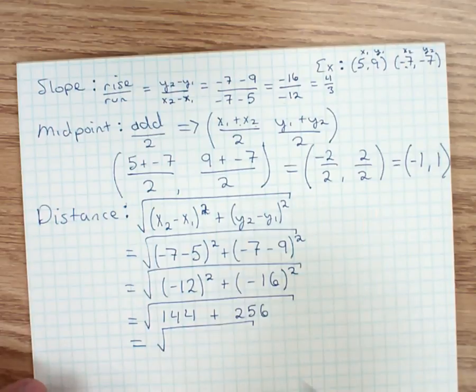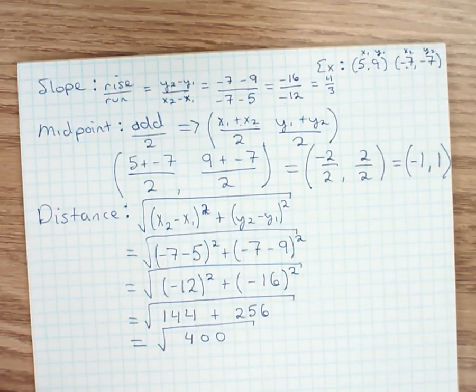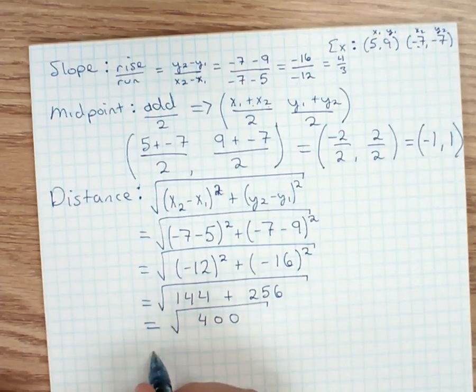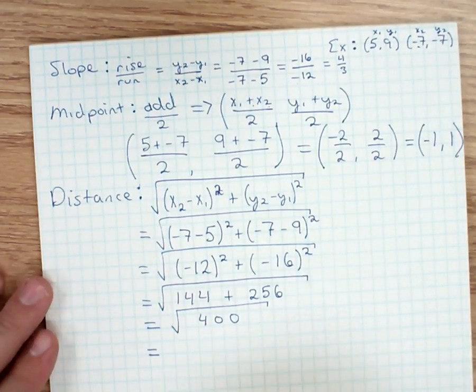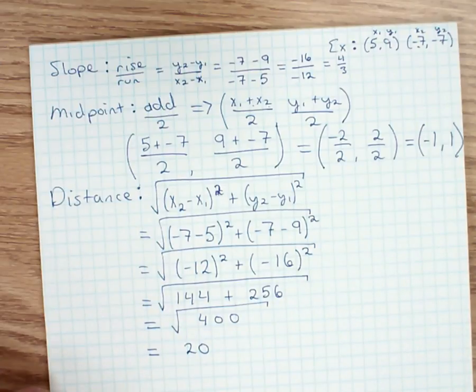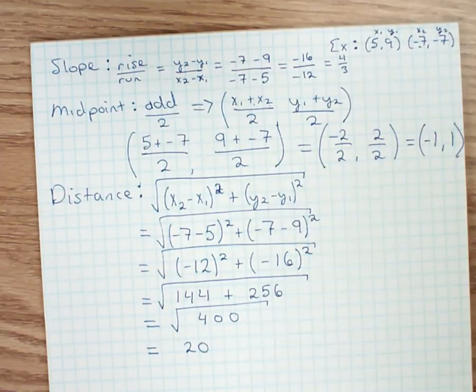Which will give us 400 when you add those together. And the square root of 400 happens to be a number. Square root of 400 is 20. Technically positive or negative 20, but distance can only be positive, at least for what we're using.